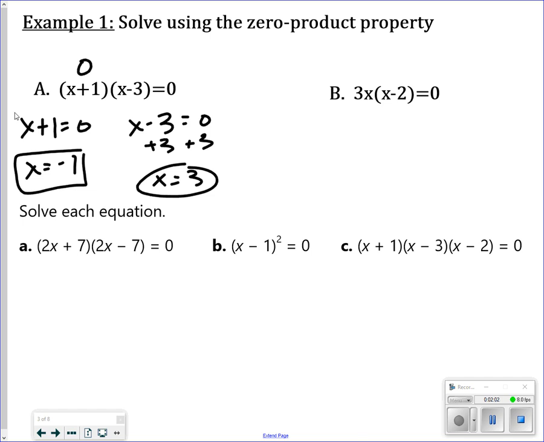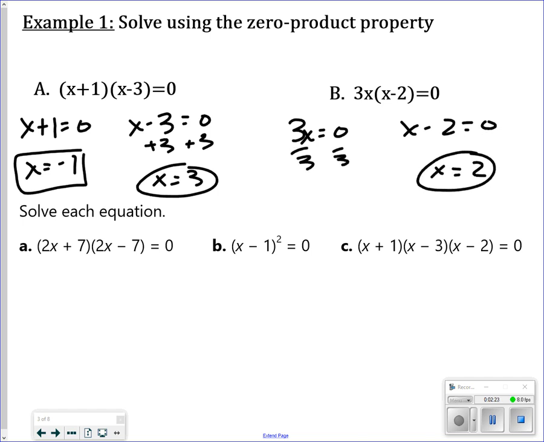If you put +3 in, it causes the second factor to be 0, and again, anything times 0 is 0. That is the basis behind solving something in factored form. Here the 3x is a factor and the x minus 2 is a factor. Anytime a teacher asks you to solve something in factored form, set the factors equal to 0 and solve.